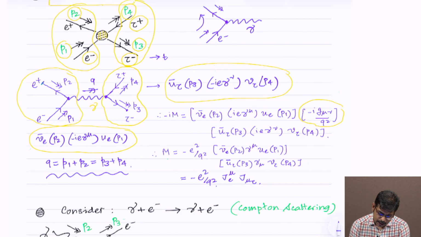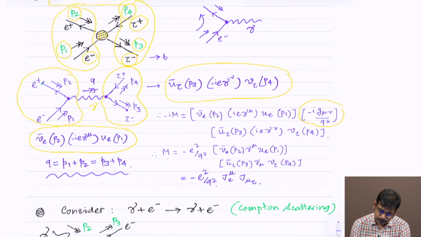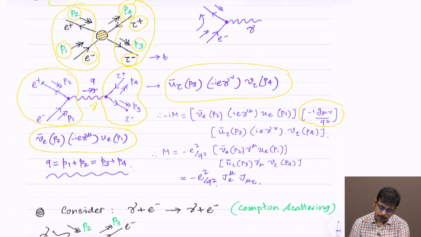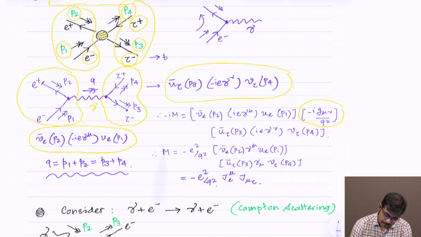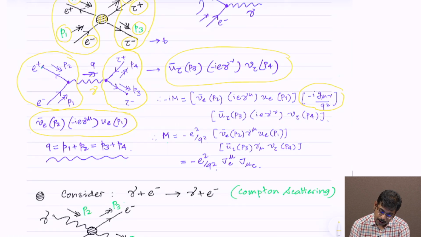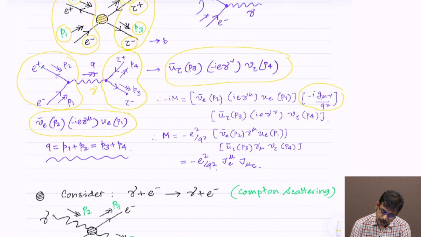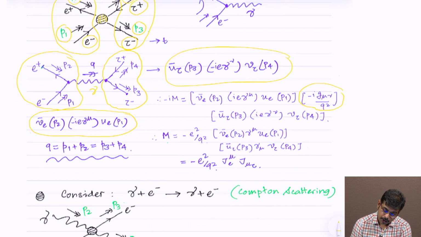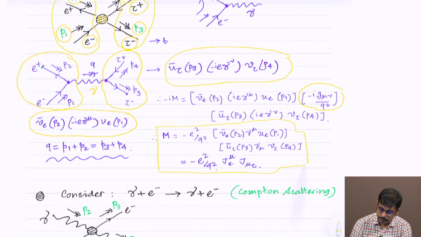Then if you stitch them together, the minus i M will be v e bar P2 i e gamma mu u e P1 minus i g mu nu by q square with u tau bar P3 i e gamma nu v tau of P4, and therefore the matrix element M will essentially be minus e square by q square v e bar P2 gamma mu u e P1 into u bar tau P3 gamma mu v tau P4, which is simply minus e square by q square j mu e into j mu tau.